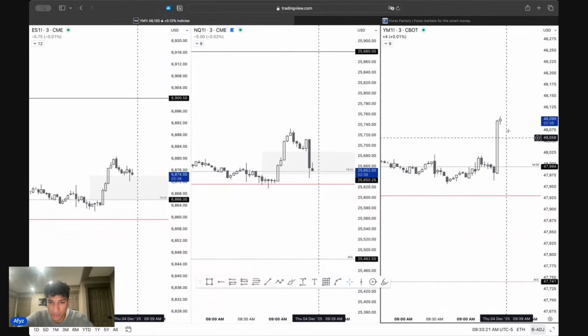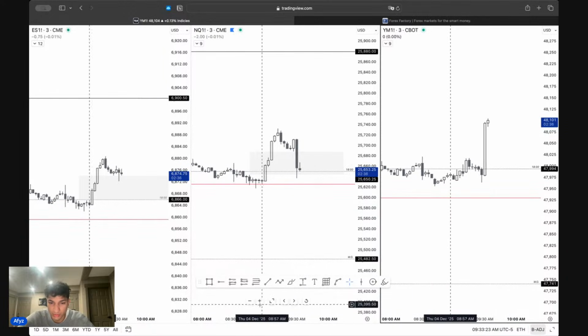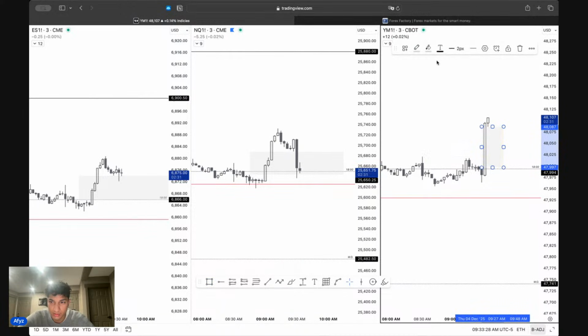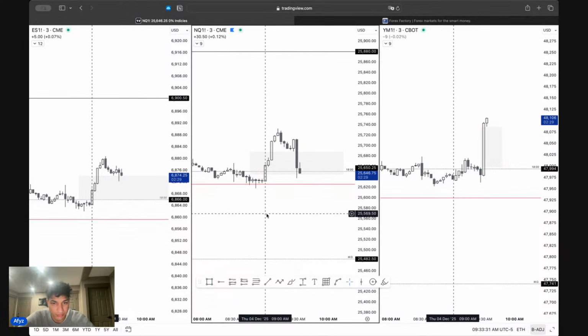This is nice. If we expand away and we create a new 4-hour low here, then we could create some sort of internal range here on the YM, respect that, and use the same logic to trade away from that, right?